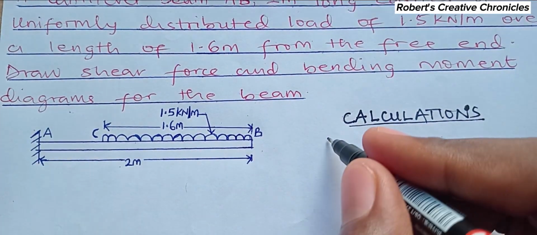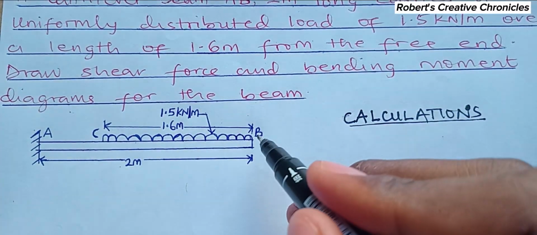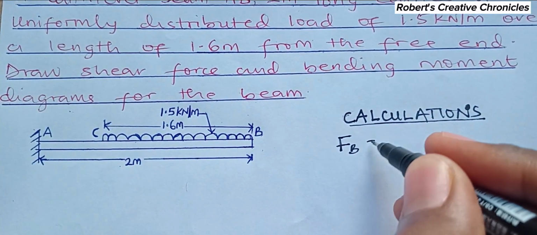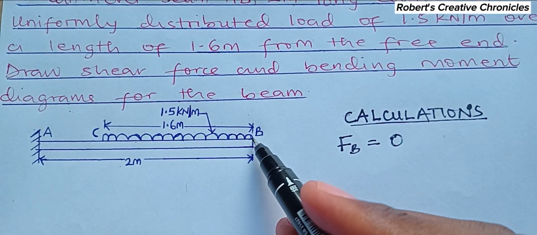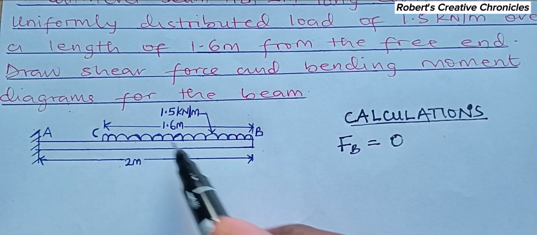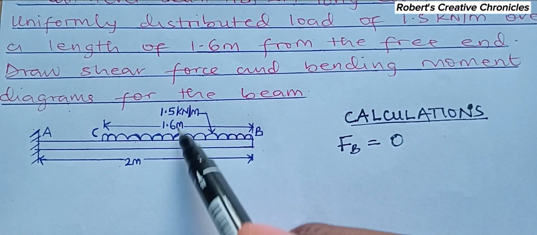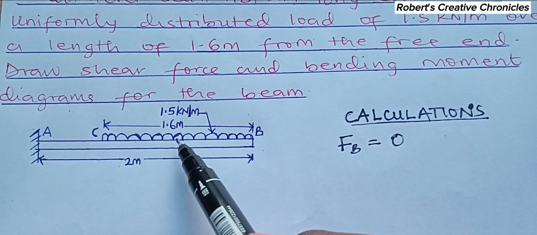So the shear force at B, let's start. Shear force at B is 0. When you calculate the total UDL, it will be acting at the center of this length, 1.6 meter. It will be acting at 0.8 meter.